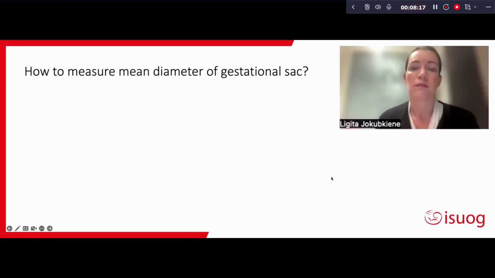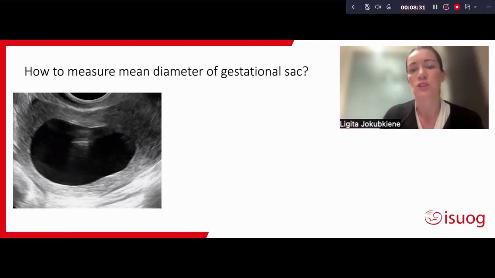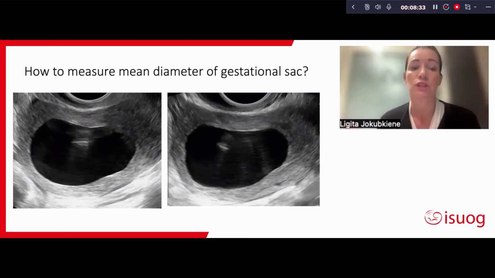First, let's look at the gestational sac, and let's look at how to measure the size of the gestational sac. Here again, if you use the mean diameter of the gestational sac to diagnose a non-viable intrauterine pregnancy, we need to know how we should measure it. Here we have quite a huge gestational sac, and this is an empty gestational sac, but to know if there is a miscarriage, we need to measure it.